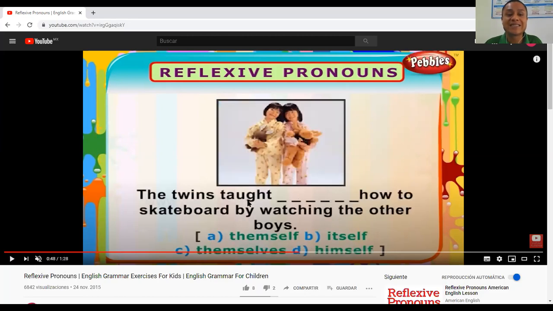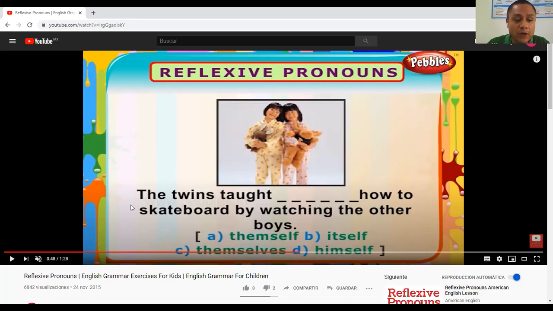Let's see the next one. The twins taught themselves how to skateboard by watching other boys. Okay, the twins. What is the subject? I, you, we, they. Yes, they is the subject.